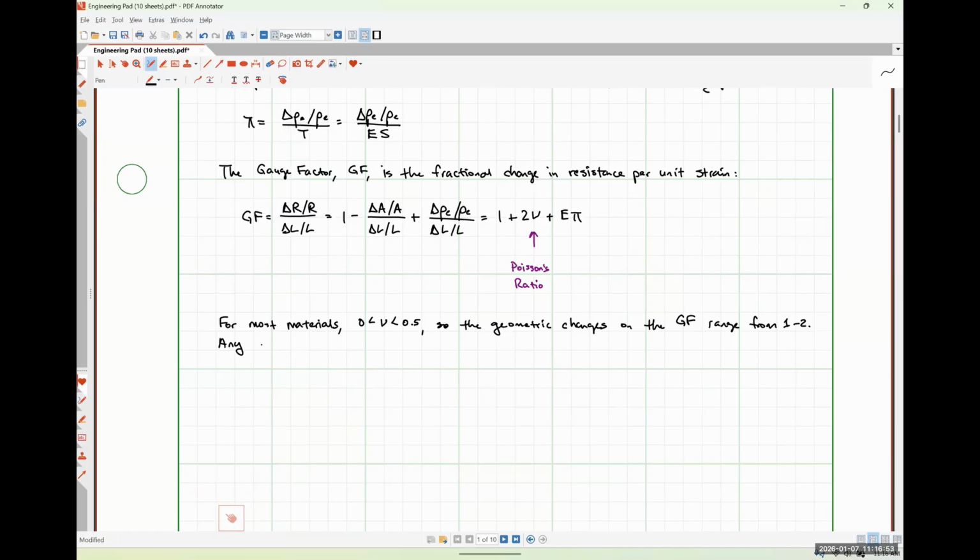Any gauge factor larger than this means that the change in resistance is primarily due to material effects.